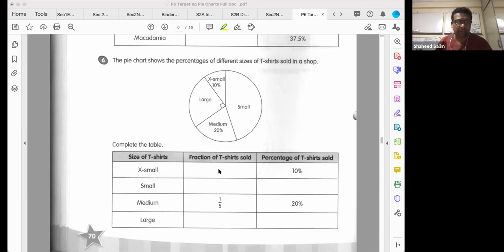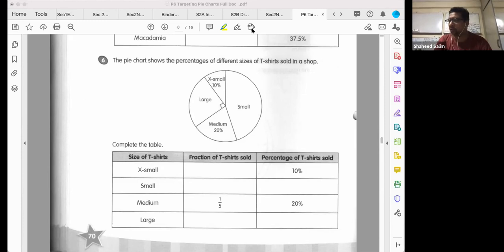Zahira, you got the first one correct. Small. Most probably you're correct. Oh, you're correct, Ilhan, well done. Your small is correct.